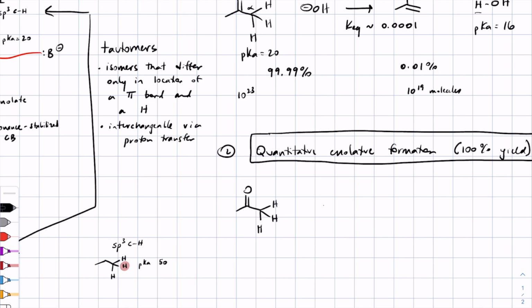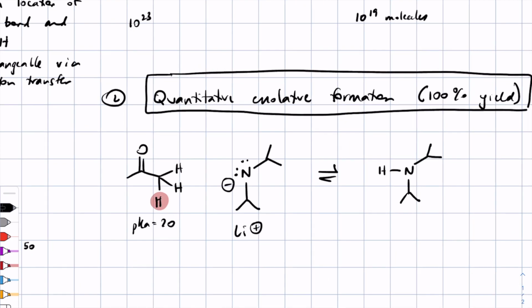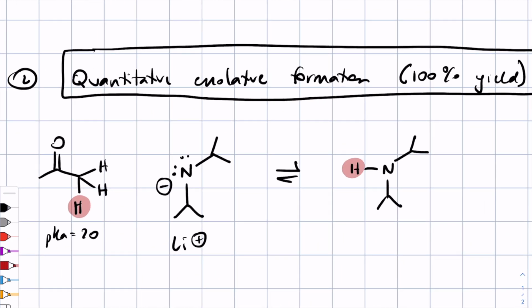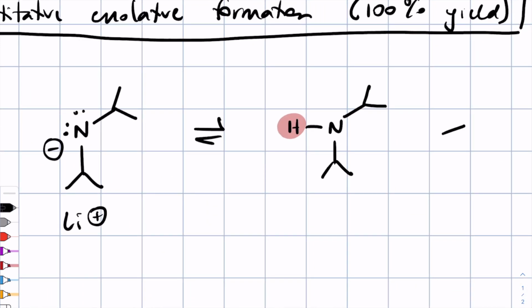Quantitative enolate formation simply means you use a base that is reactive enough that it can 100% remove protons, and you do that by comparing the proton that you want to remove, which has a pKa of 20, with the proton on the conjugate acid of the base you want to use. All right, and then we'll draw the enolate.